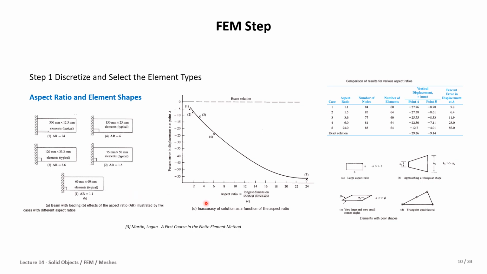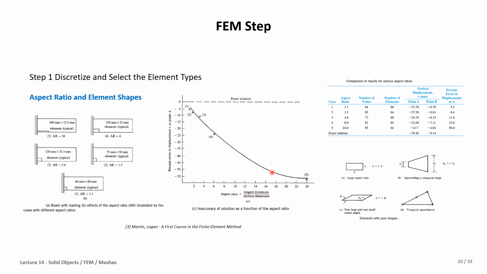In this figure, you can see the curves of the different methods. The numbers 1, 2, 3, 4 are related to these examples, and we can see how it looks when we choose different aspect ratios.